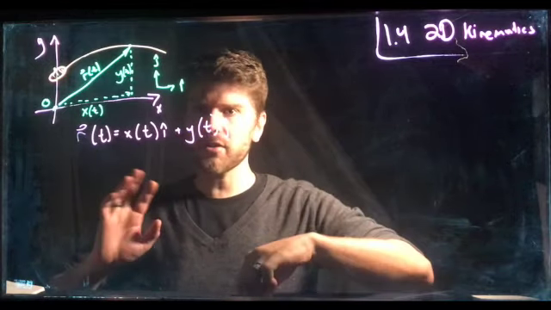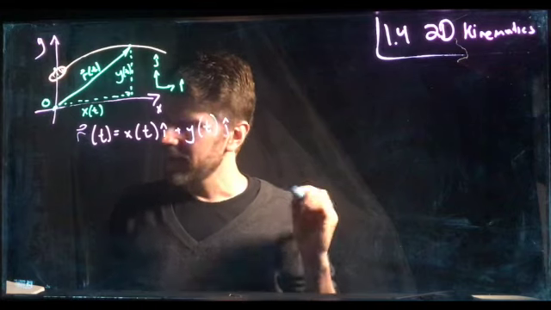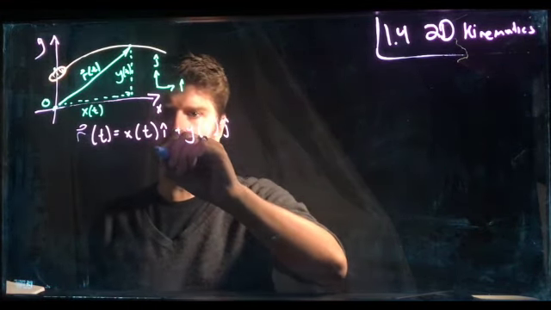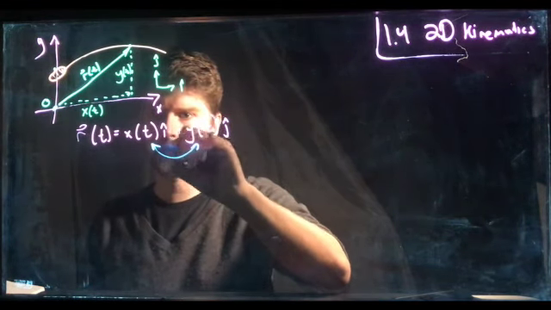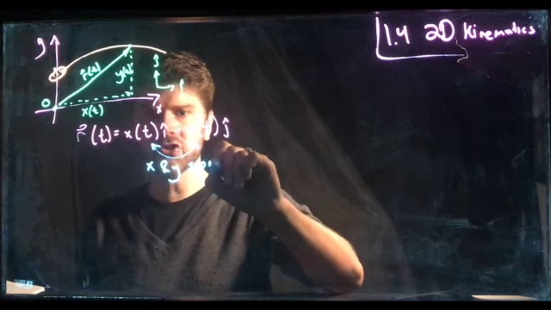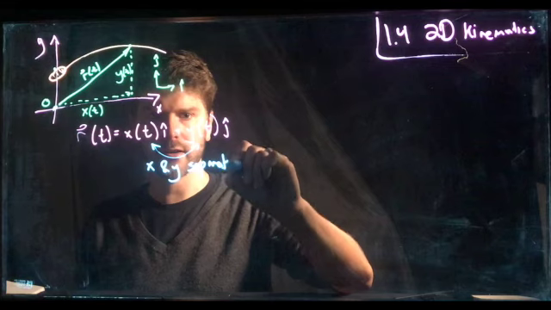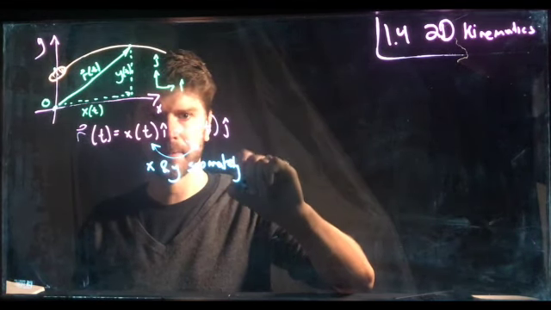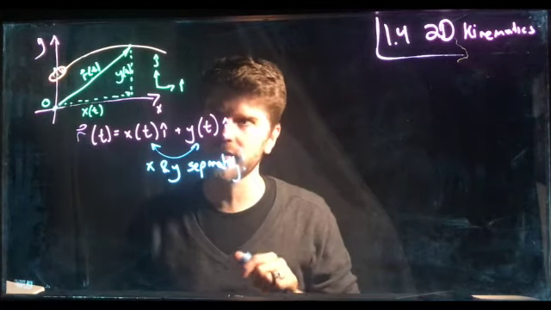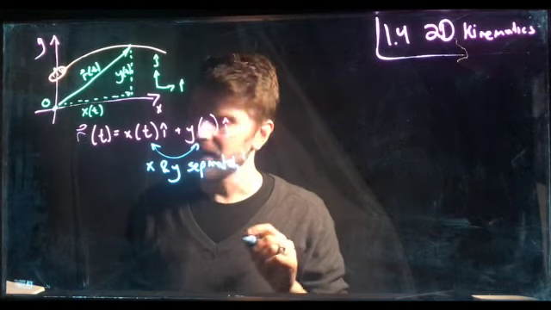But the reason we write it this way is that this gives us the most important thing we're going to do in 2D kinematics, which is we're going to treat x and y separately. We can take all of our x stuff and all of our y stuff, and they never mix. The only thing that mixes back and forth between the two of them is time.